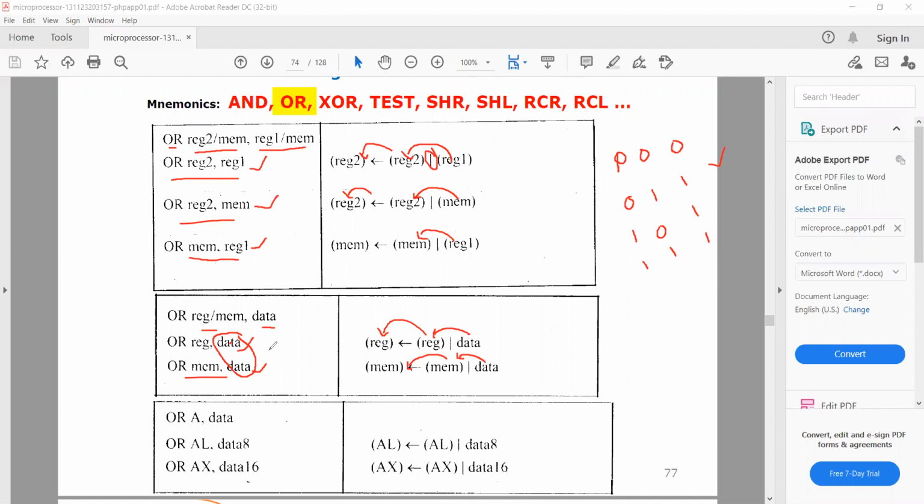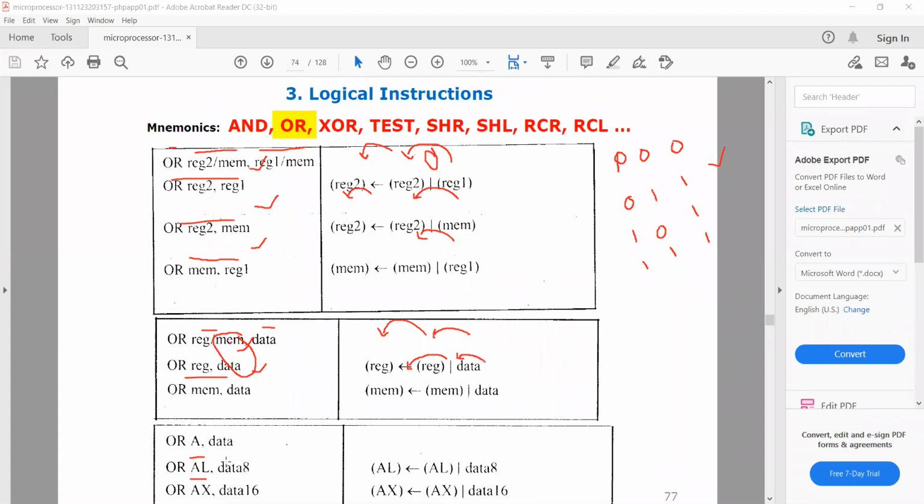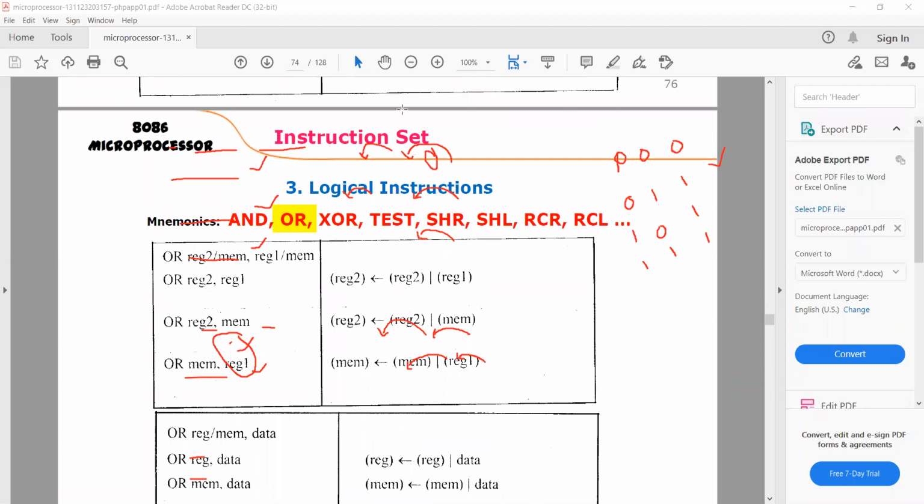This comes under immediate addressing mode because we are specifying the data inside the instruction. This comes under register addressing mode and direct addressing mode. Similarly this also comes under immediate addressing mode, but here we are using only the AL and AX registers. That is about the OR instructions.